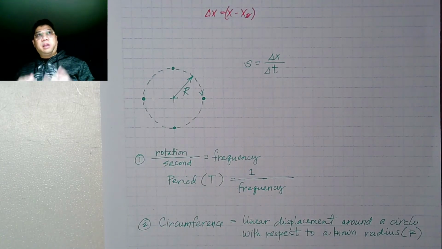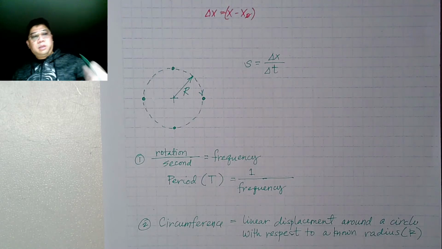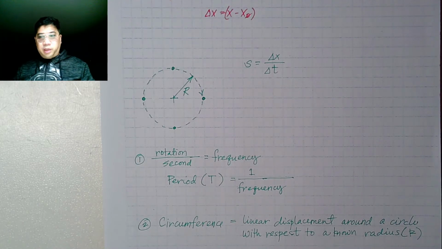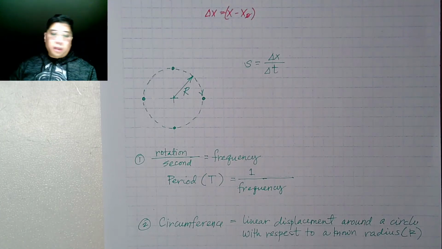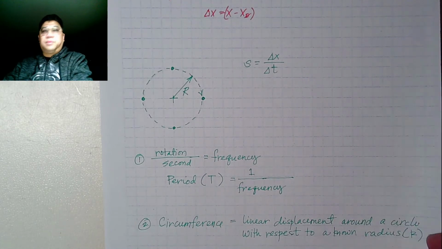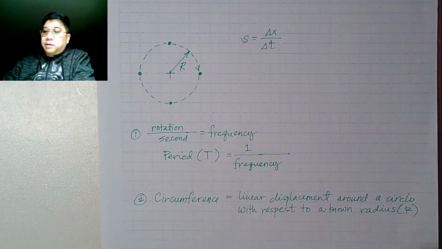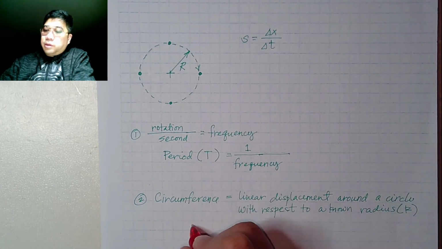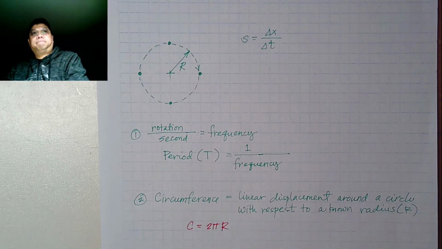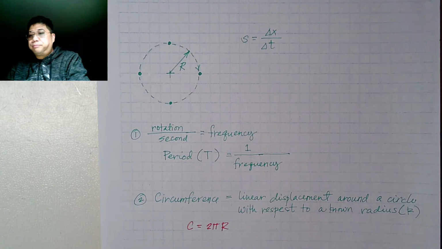Instead of just taking the change in position, this time you determine the total displacement around the circle. And we all know that circumference is determined using the equation 2 pi r.